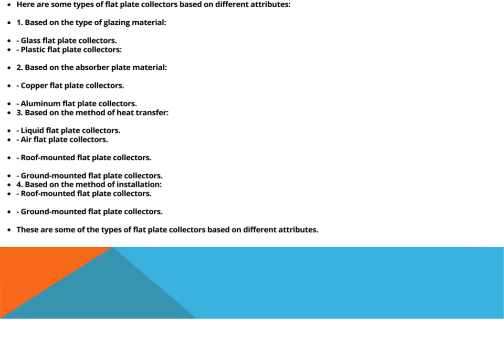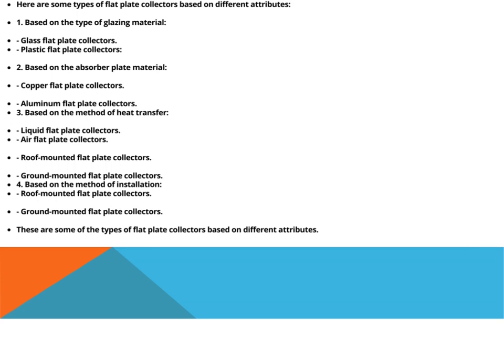The third one is based on the method of heat transfer. Here we have liquid flat plate collectors, then air flat plate collectors. The fourth one is based on the method of installation.